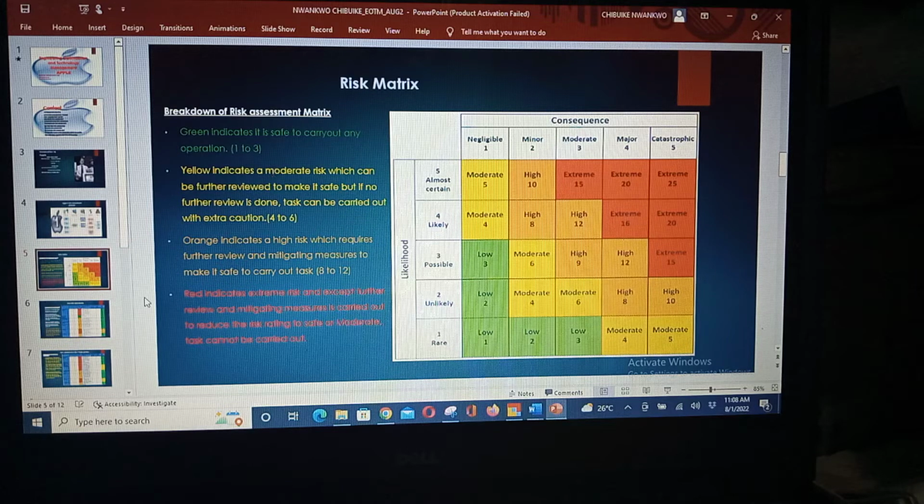The red is actually an extreme risk. Extreme in the sense that both the likelihood and the consequences are high. So in that case, risk assessment must be conducted here to bring it to the green zone for it to be done. But in a case where that cannot be done, the operation has to be suspended until alternative ways are found to make it safe.